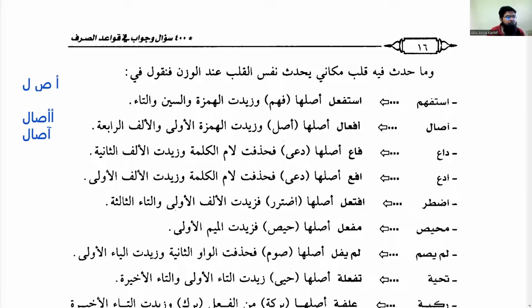Asal. If you go to the dictionary, you have to search for hamza, sad, and lam. And then you'll get the meaning of asal. Asal is original, the same as asl, I think.